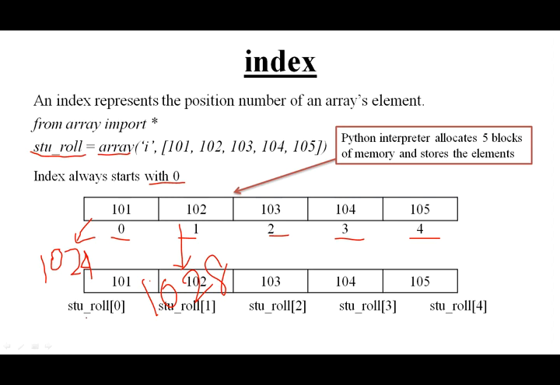The elements are stu_roll 0, stu_roll 1, stu_roll 2, 3 and 4. So these numbers are called index. Here this 2 is called index. In this way we will see.